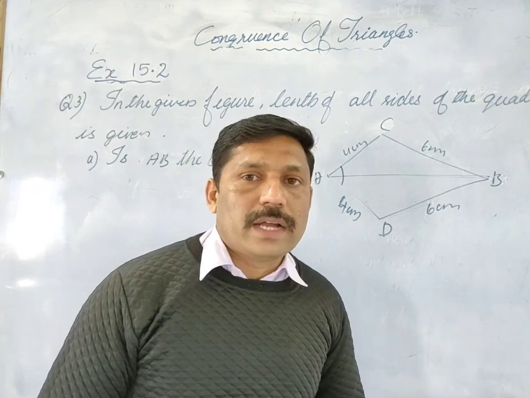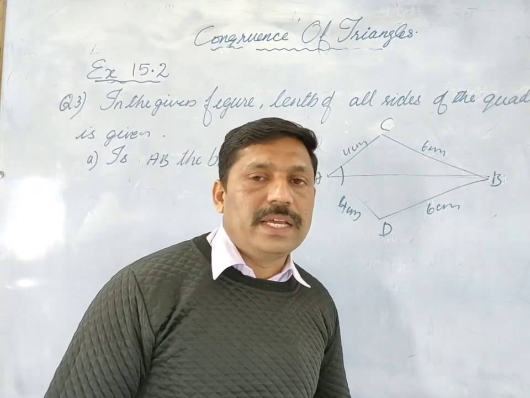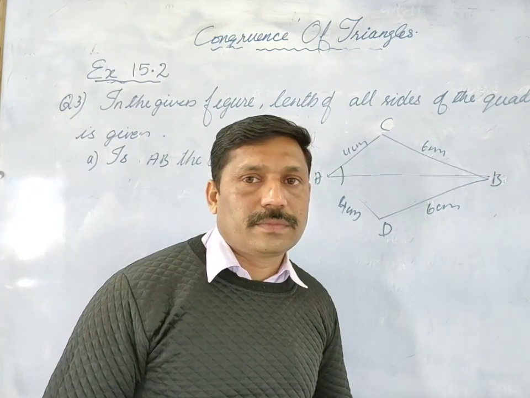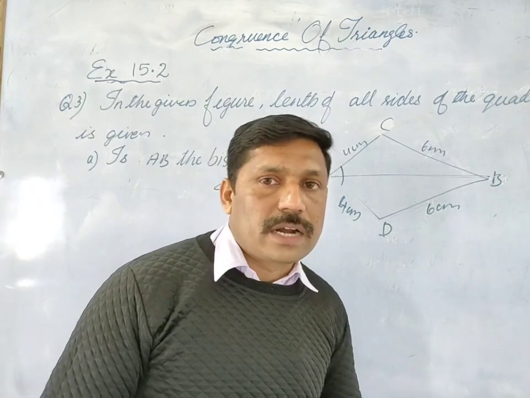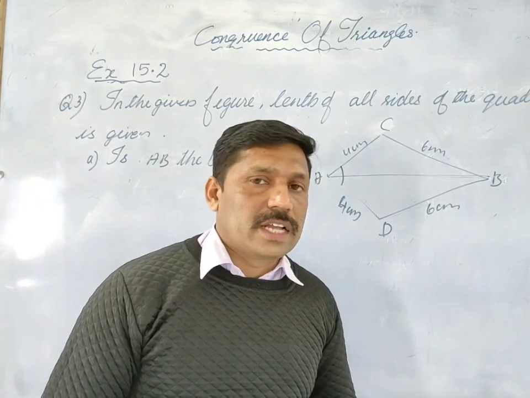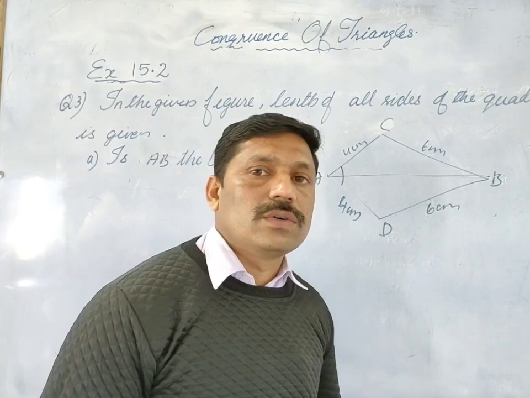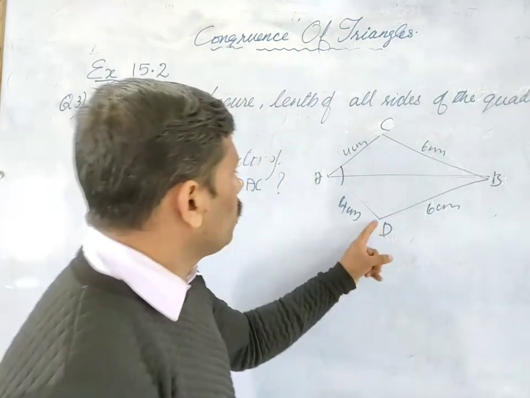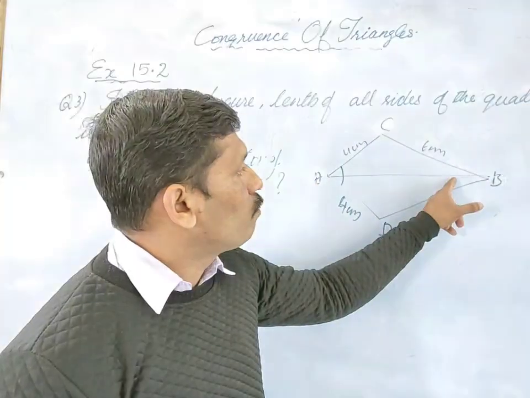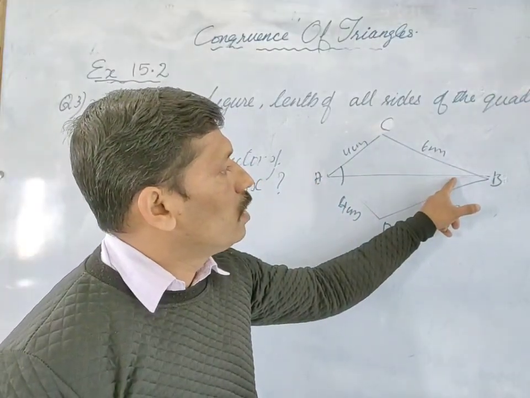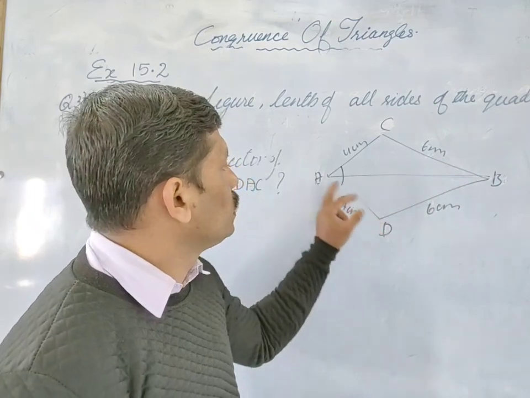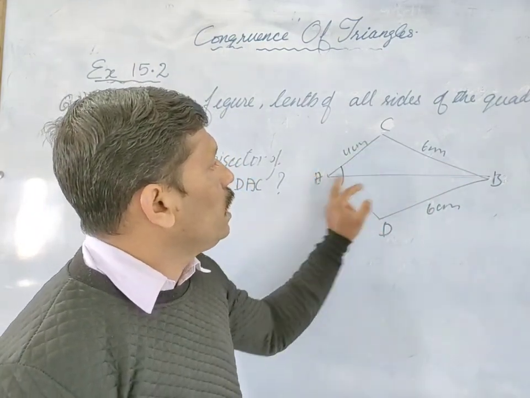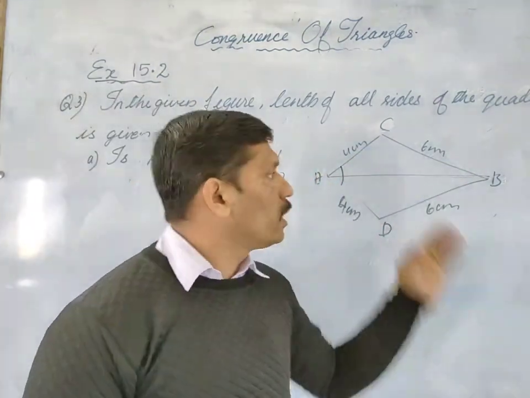We already proved that these two triangles are congruent by the SSS condition. And if two triangles are congruent, their corresponding angles will also be congruent or equal. That means angle DAB of this triangle is equal to angle CAB of the next triangle.